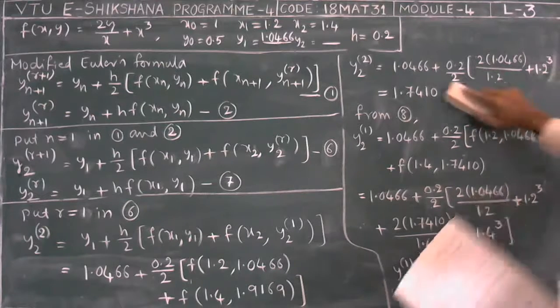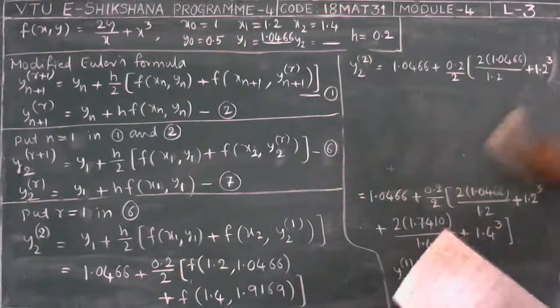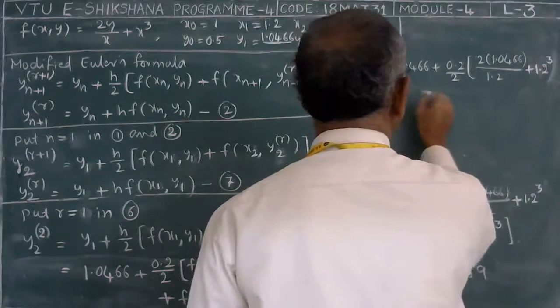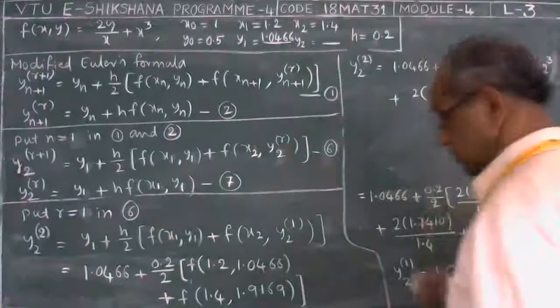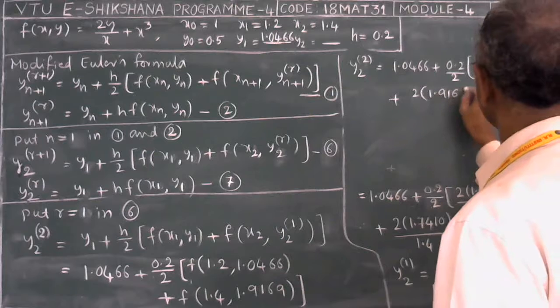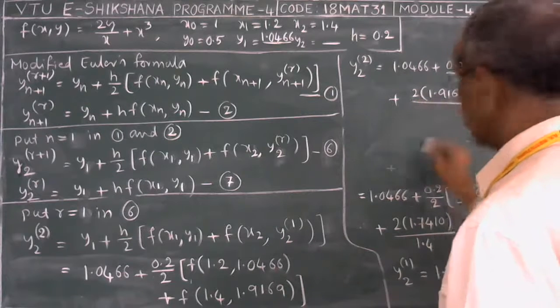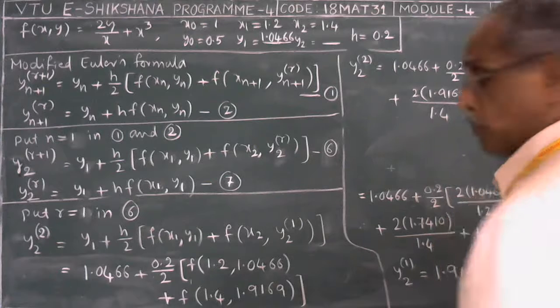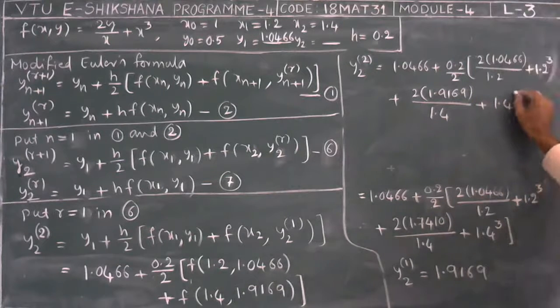Now you get another term, plus 2 into 1.9169 divided by x, that is 1.4, plus 1.4 whole cube.